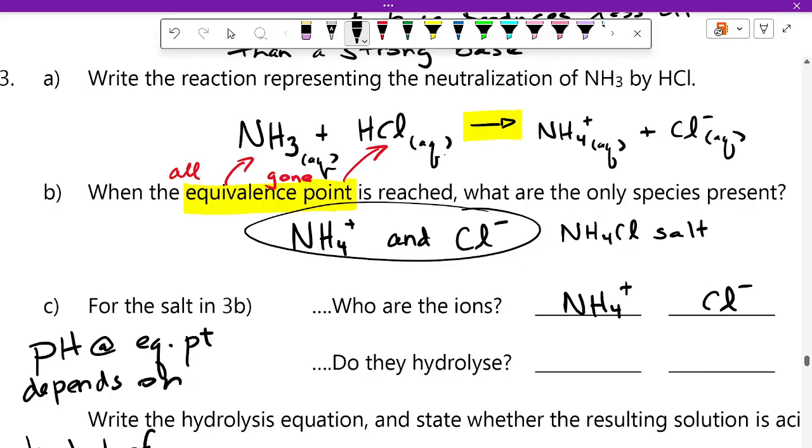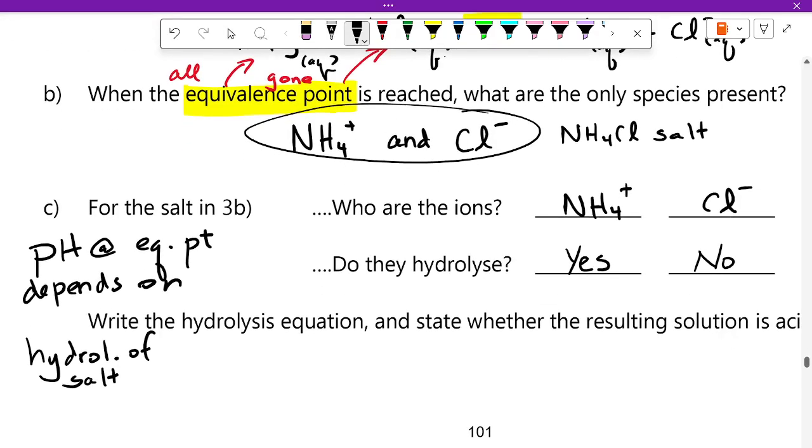Does NH4 plus hydrolyze? Yes, it's one of our 4 cations. And Cl minus, does it hydrolyze? No. And right off the bat, if we didn't need to do a calculation or show an equation, you could just say, I have cationic hydrolysis, and therefore the solution will be acidic. But if you are asked to prove that, then you would write the hydrolysis equation.